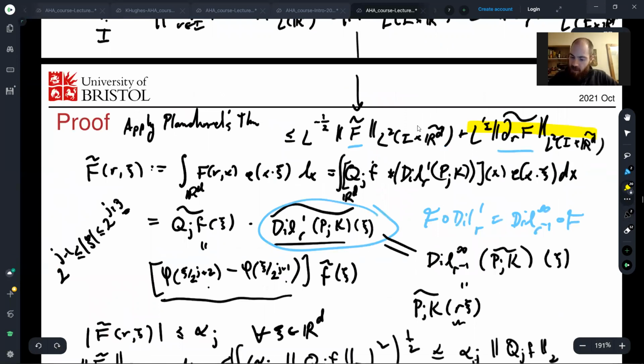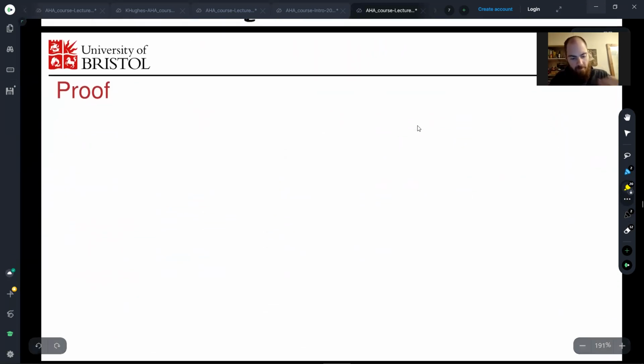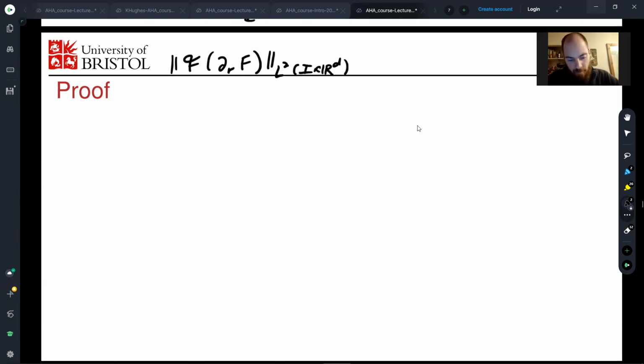It's the L2 norm of the Fourier transform of a derivative. All right, so the L2 norm, the Fourier transform of the derivative, that's what we want to compute, or we want to bound.